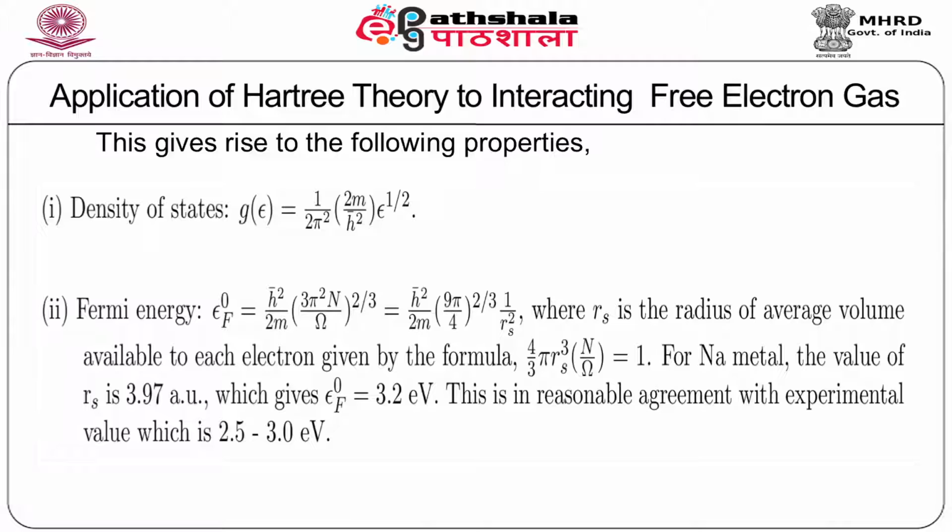For sodium metal, the value of this Rs, which depends on the density n by omega, is 3.97 atomic units. Putting that value here, one then gets the expression for the Fermi energy for sodium metal as 3.2 electron volt. This is in reasonable agreement with the experimental value, which is from 2.5 to 3 electron volt.